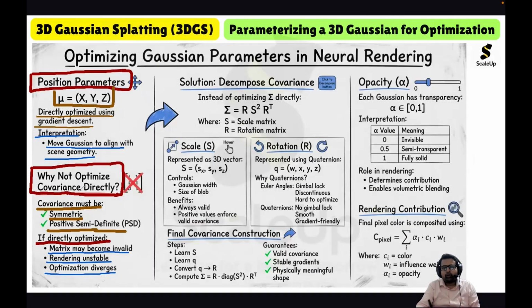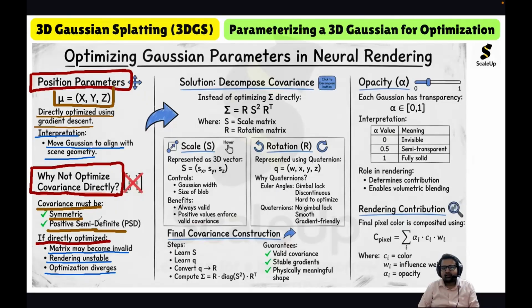Because in order to optimize the covariance matrix directly, it has to be symmetric at all points and positive semi-definite. And when we will be optimizing, we will be updating the values in that matrix. So there might be updates which can make it unsymmetric.